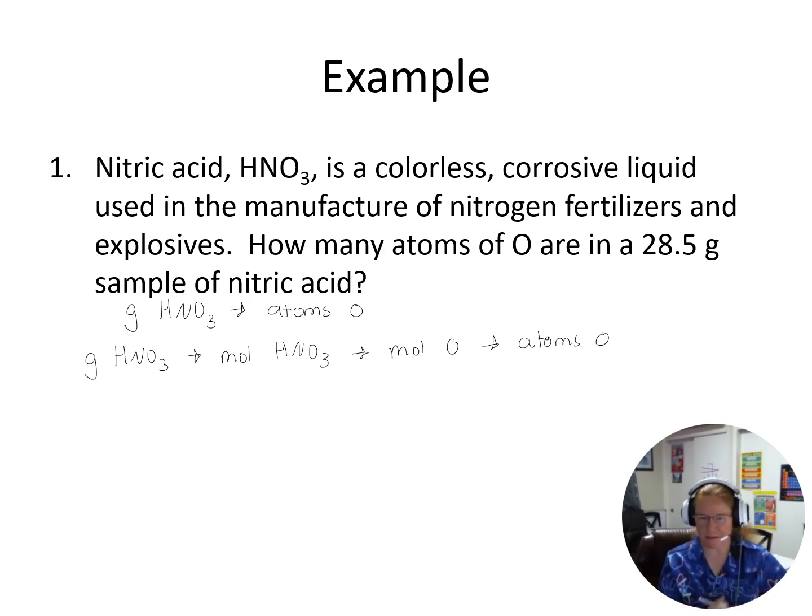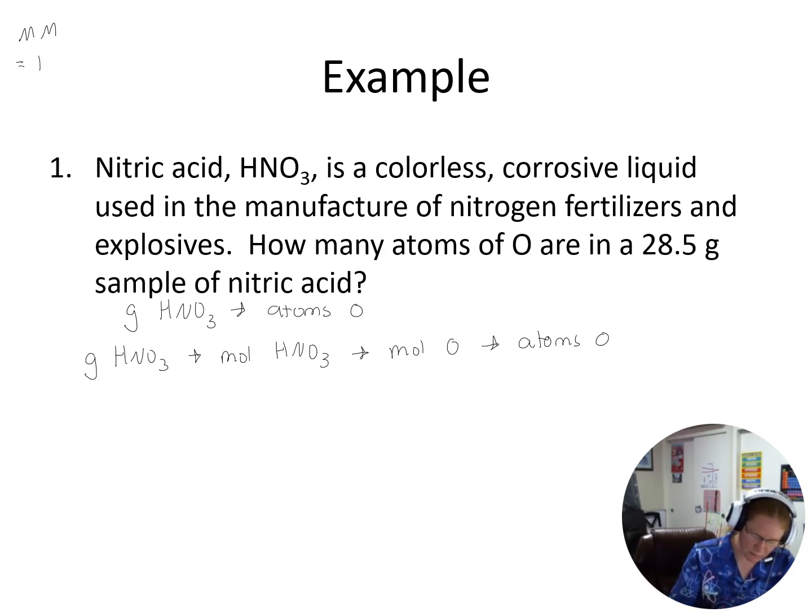And so for grams to moles, we need the molar mass. To go from moles to moles, we need the ratio of each element in our compound, and then to go from moles to atoms, we need our Avogadro's number. So we'll calculate the molar mass. I'll do that up here. So I have HNO3.